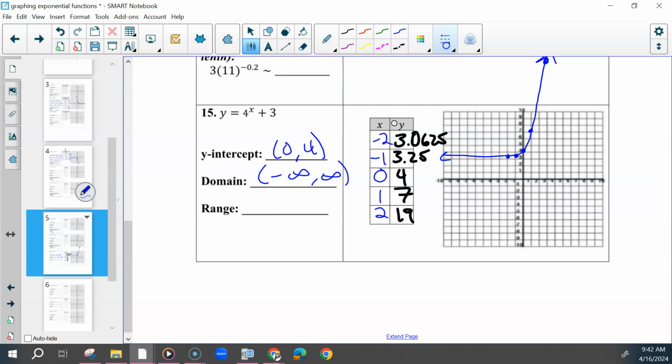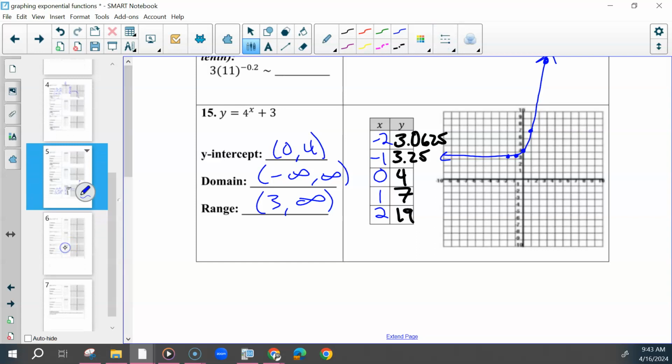So, is this the lowest? It's just the lowest we have in the table, but is it the absolute lowest? It's not going to go all the way down here. These are getting really, really close to what number? 3. So that's where the range will start. So anytime you add or subtract something at the end, it's going to change where your range starts, depending on anything else that they have.